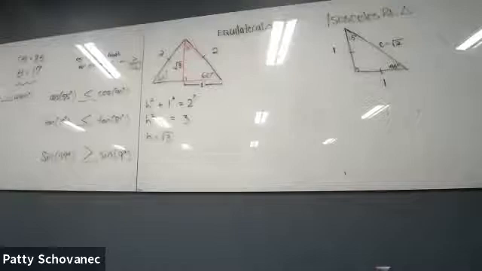From these two pictures, we can get the sine, cosine, and tangent of 30 degrees, the sine, cosine, and tangent of 60 degrees, the sine, cosine, and tangent of 45 degrees. And on Thursday of last week, we got the values of all of our trig functions at 0 degrees, 90 degrees, 180 degrees, 270, and 360.